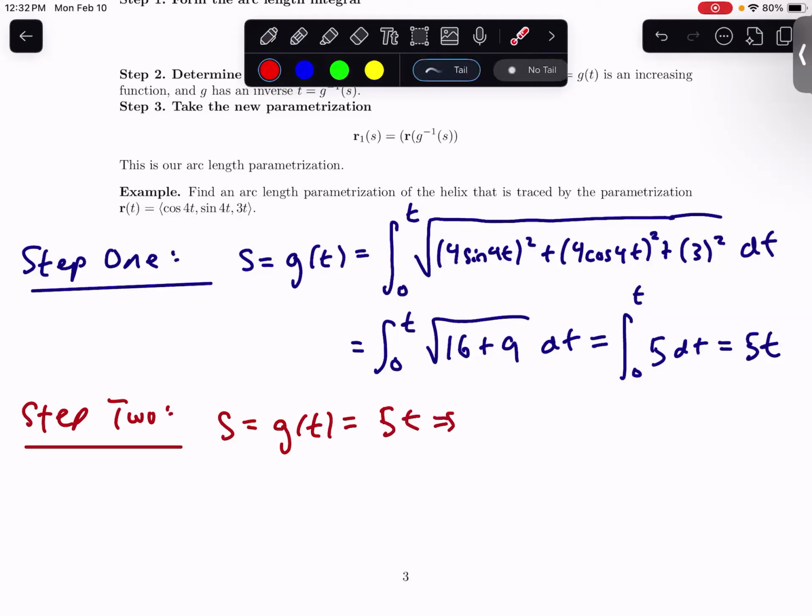So if you cut out the middleman and just write out s is equal to 5t, all you have to do to find the inverse is just flip things around. So now you have t as a function in terms of s, right? So you solve this equation for t is all you have to do. So that just means divide both sides by 5. That's the only thing that needs to be done. So you end up getting that t is equal to s over 5.